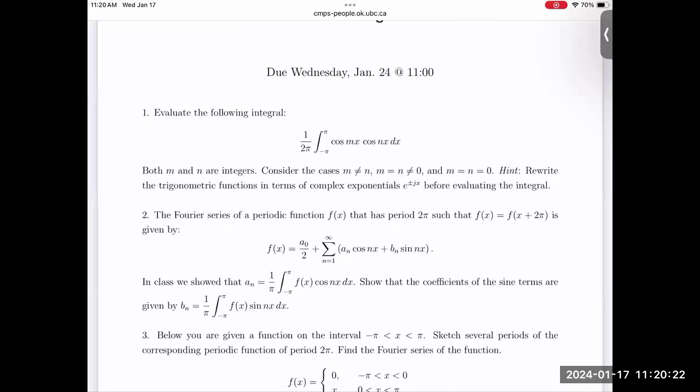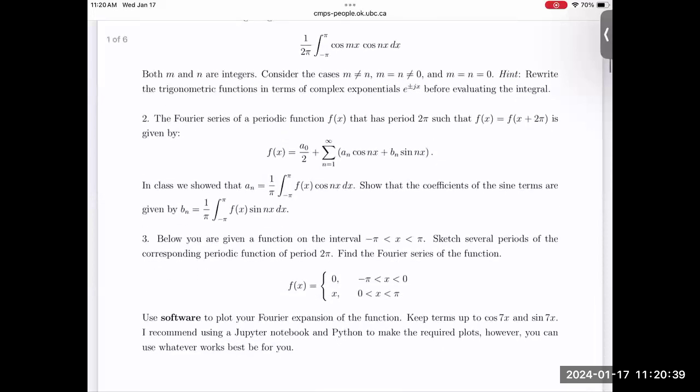Okay, and then the second question is to confirm that the coefficients of Bn are in fact given by this expression. For that, you could follow exactly what we did in our notes for the An calculation. And then you have question 3, where you're given some periodic function and you have to find the Fourier series like we just did for the square wave.